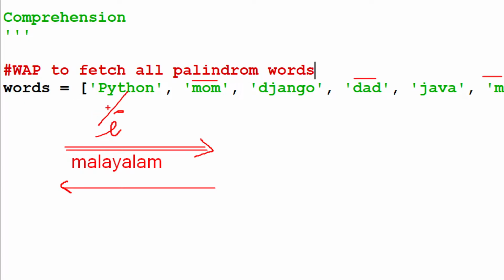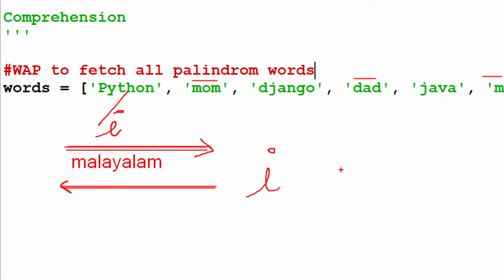So the I value is forward reading, and the reverse of the I value is backward reading. The I value and the reverse of the I value must both be the same. Then that is called a palindrome word.